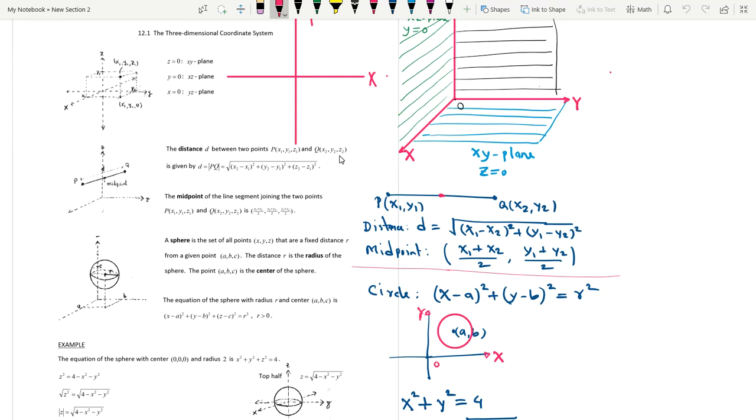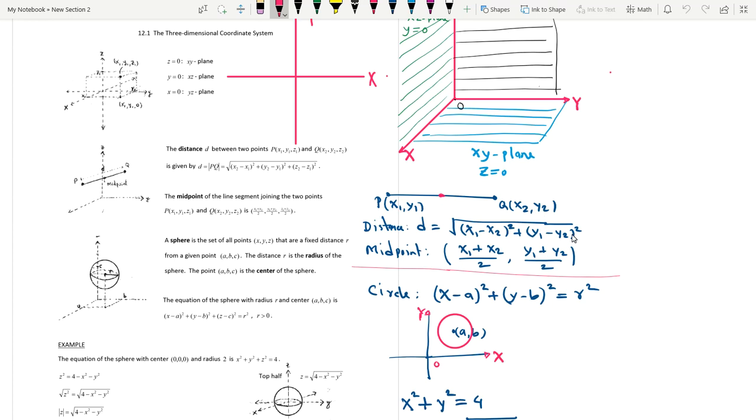Now if we consider the two-dimensional system, suppose we have 2 points P and Q and the coordinate of P is x1, y1 and the coordinate of Q is x2, y2. Then we normally know the distance between these 2 points PQ is defined this way. That means square root of x1 minus x2 whole square plus y1 minus y2 whole square.